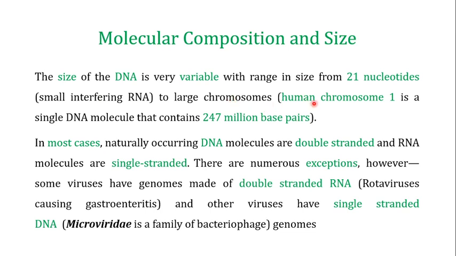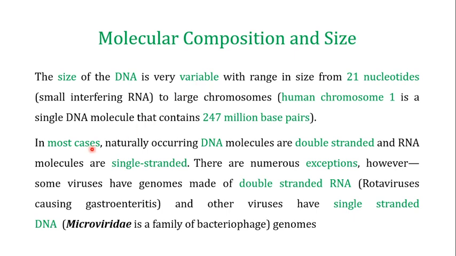For example, the human chromosome number 1 contains a single DNA molecule which contains 247 million base pair. So compare the 21 nucleotides with the 247 million base pair. There is a huge difference in size, so the size of the DNA can be very variable.